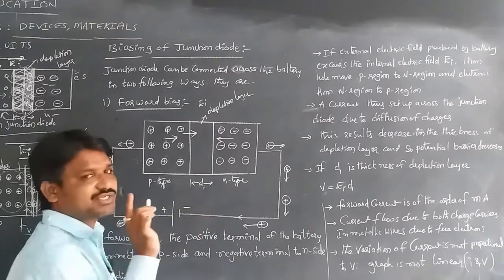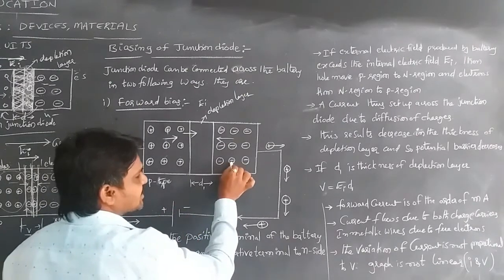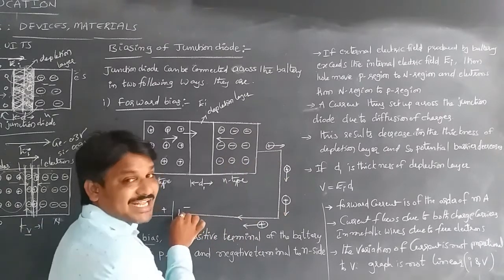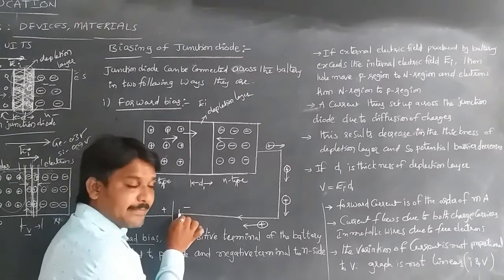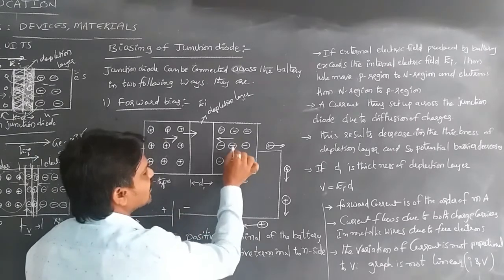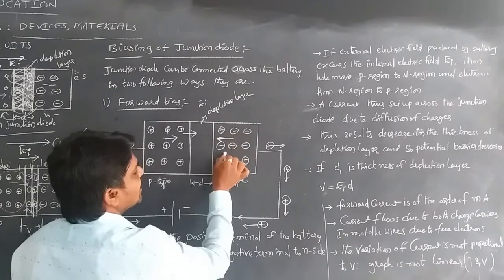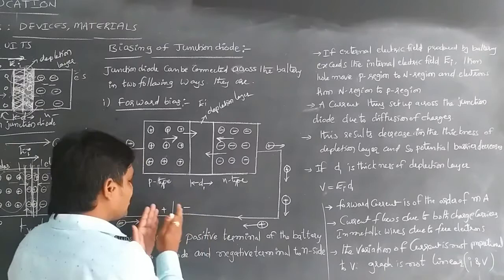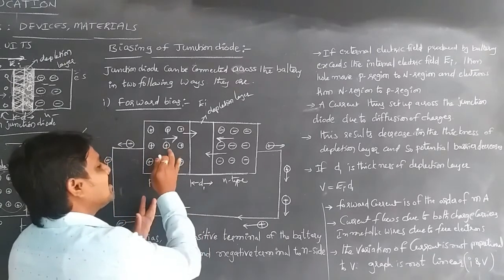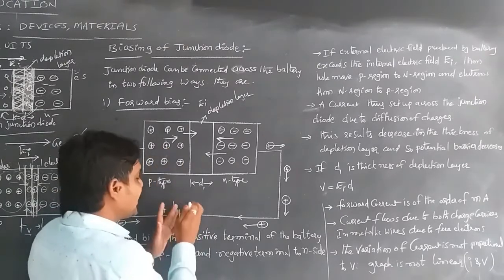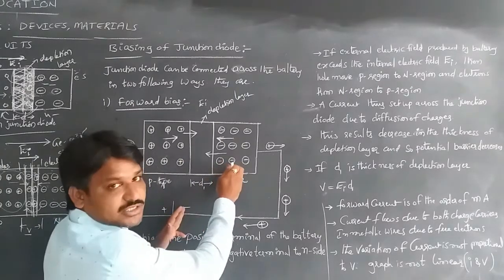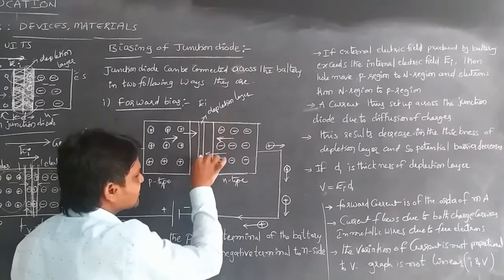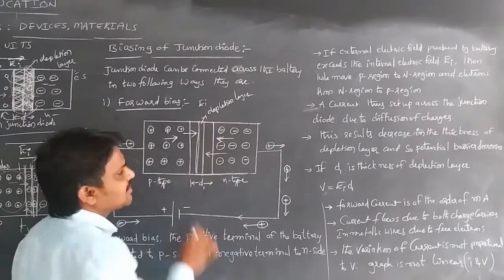Due to the same repulsion between the negative charge carriers in the N type material and the negative terminal of the battery, the negative charges also move in this direction, towards the depletion layer. So due to the repulsion force between the positive terminal and the positive holes, and the negative terminal and the negative electrons, the depletion layer width will decrease.